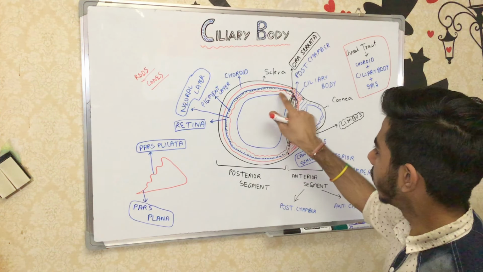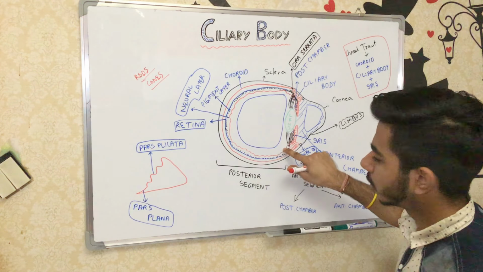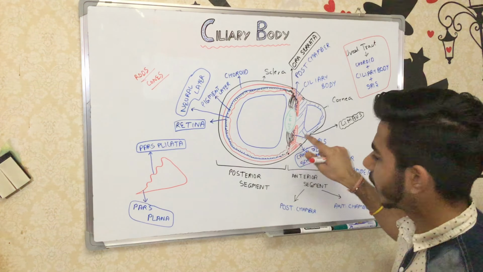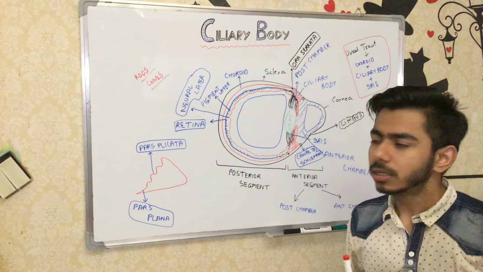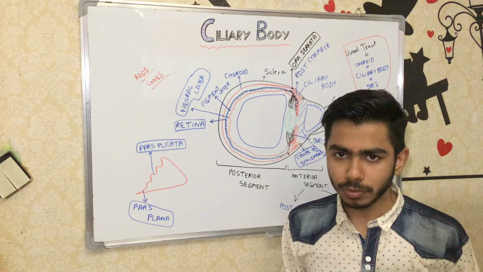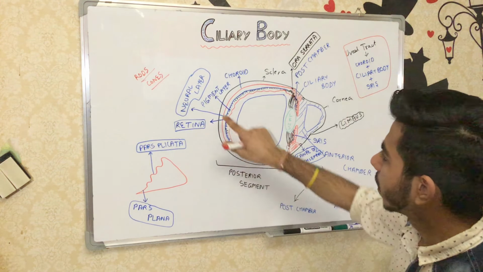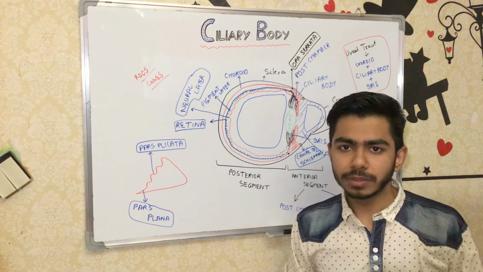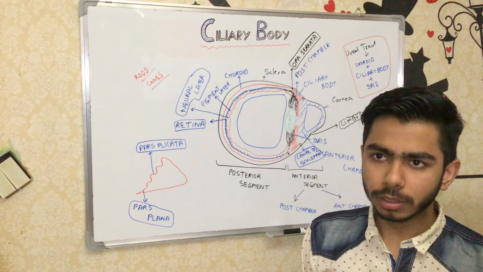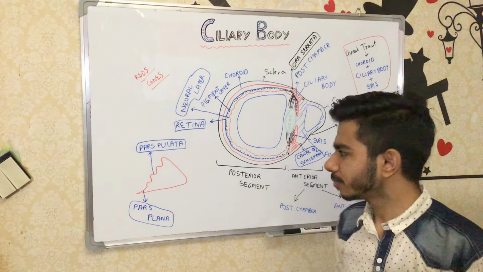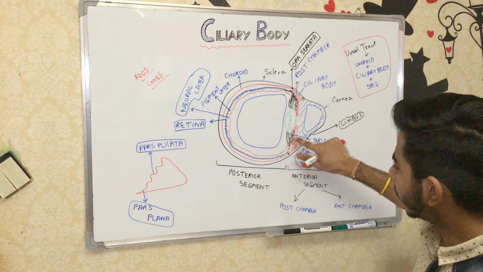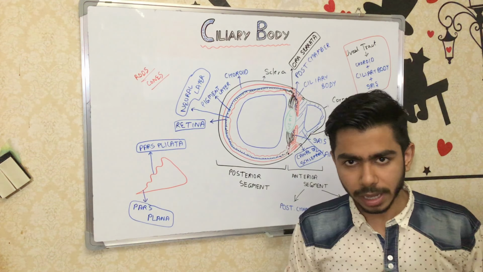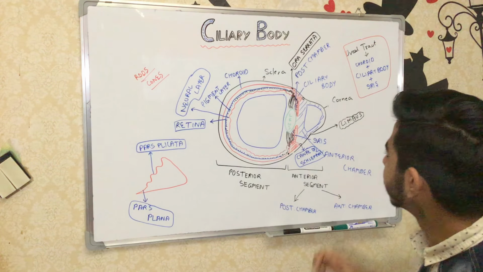So from here up to here, rods and cones are present, but as far as the ciliary body and iris are concerned, rods and cone structures are not present over there, right? But the pigment layer is present over there, as well as some layers of the neural retina. As I have told you, there are about 10 layers of the retina. They can innervate these structures of the ciliary body and the iris.